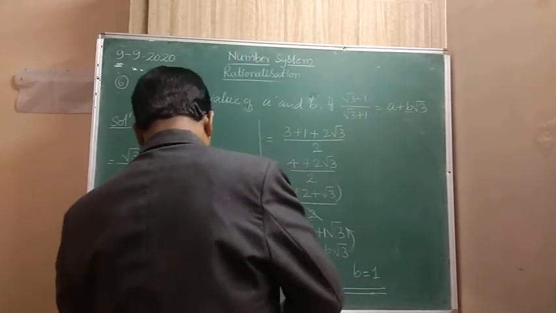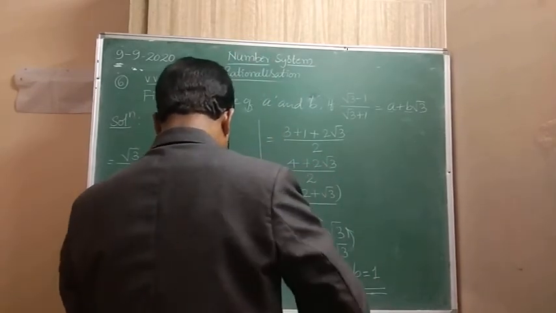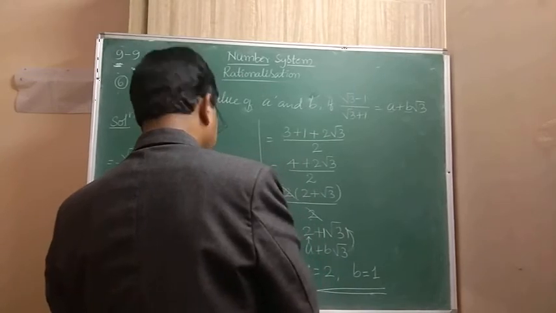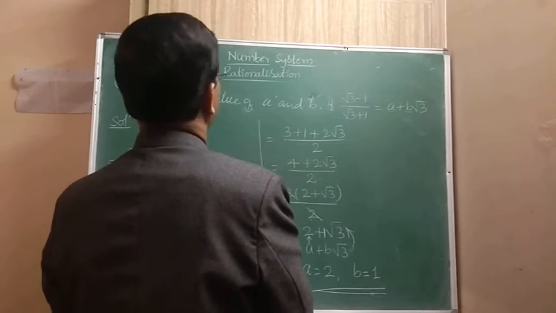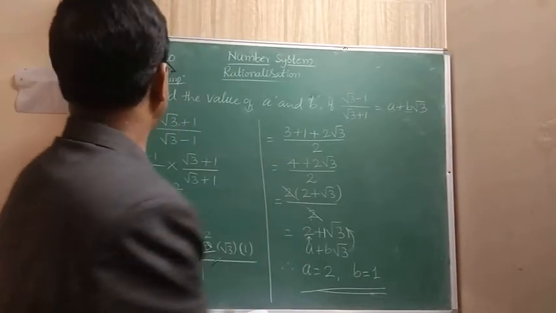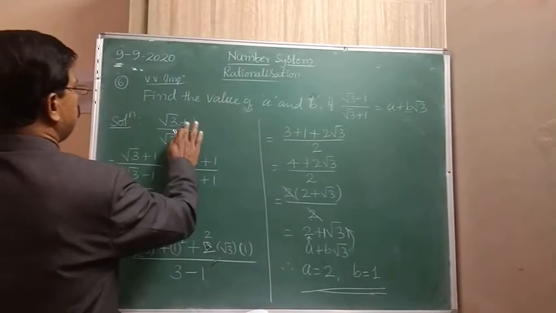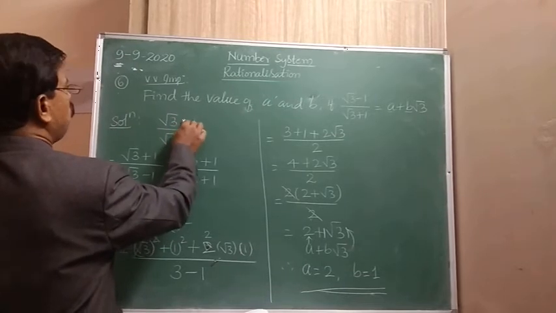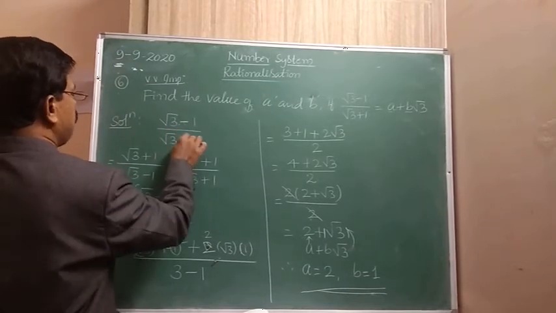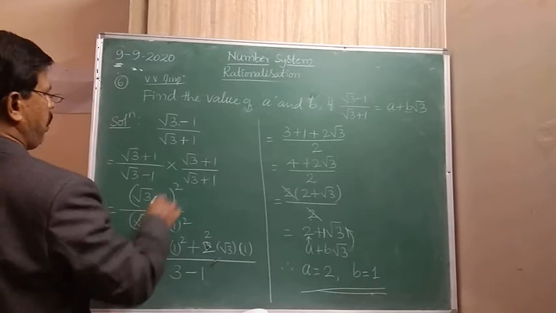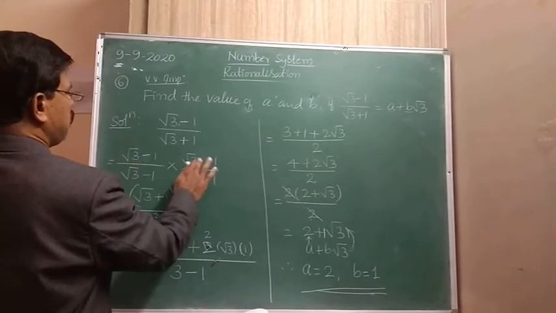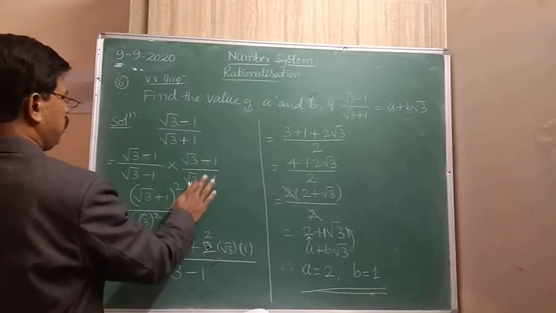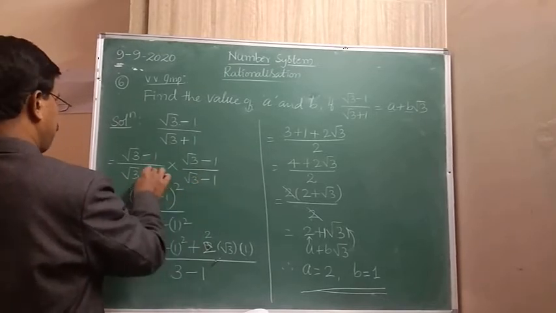Now, next is... something is wrong here. No, here itself is wrong. Here we should take this as root 3 minus 1 and this is root 3 plus 1. Then root 3 minus 1, here also minus 1, here also minus 1 plus 1.